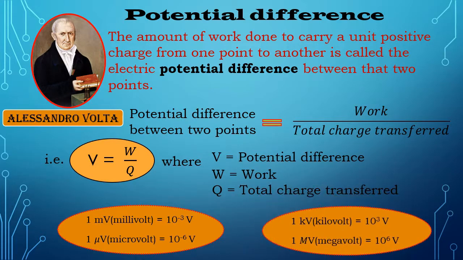Large values of potential difference are expressed as kilovolt and megavolt. 1 kilovolt is equal to 10 raised to 3 volt and 1 megavolt is equal to 10 raised to 6 volts.